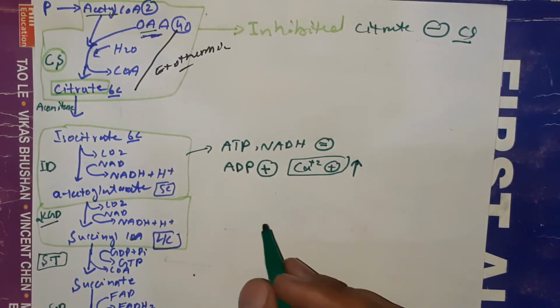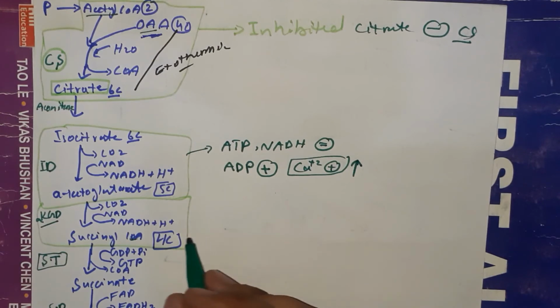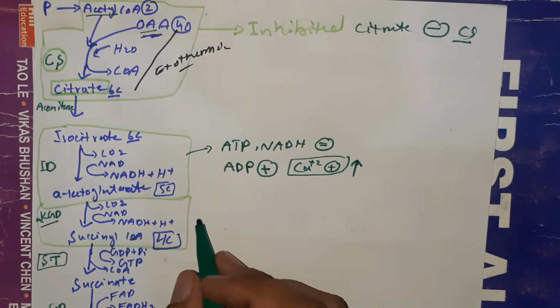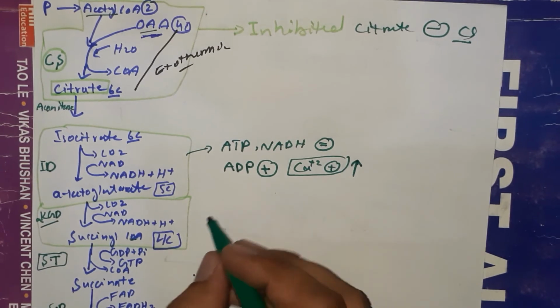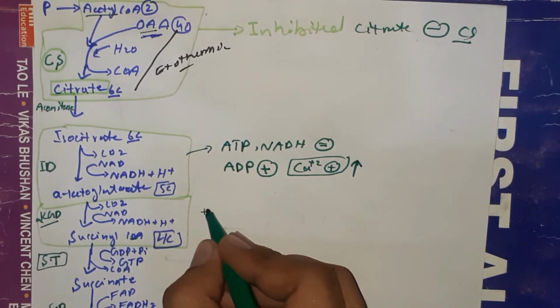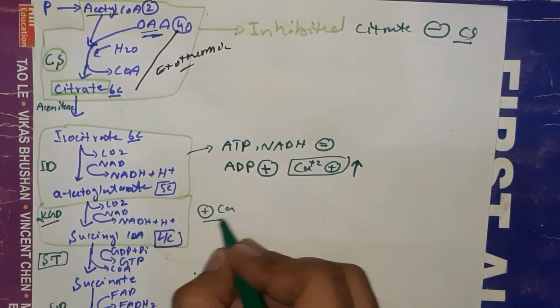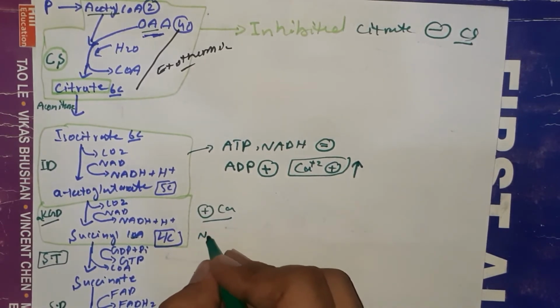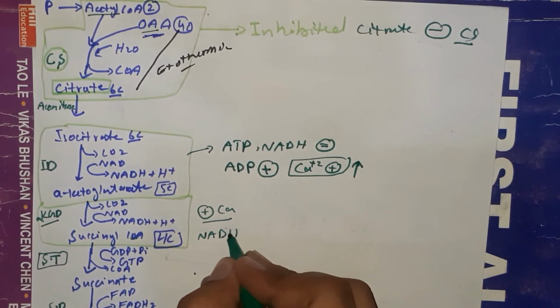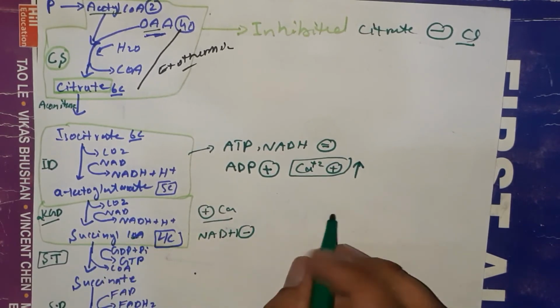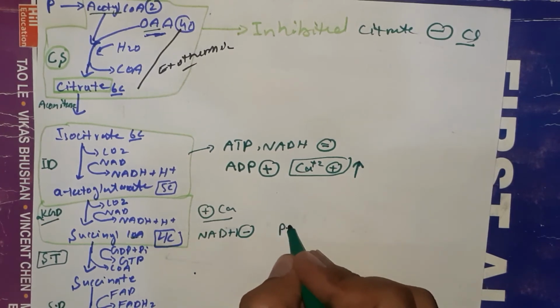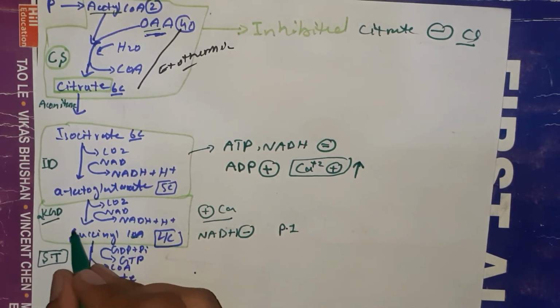And next, the third step, which is alpha ketoglutarate to succinyl-CoA, is also regulated in response to the energy signals and calcium. Calcium is basically a stimulator of this reaction again, and high energy signals such as NADH are inhibitors of this reaction. And moreover, this reaction is also subjected to product inhibition. The product of this reaction is succinyl-CoA.